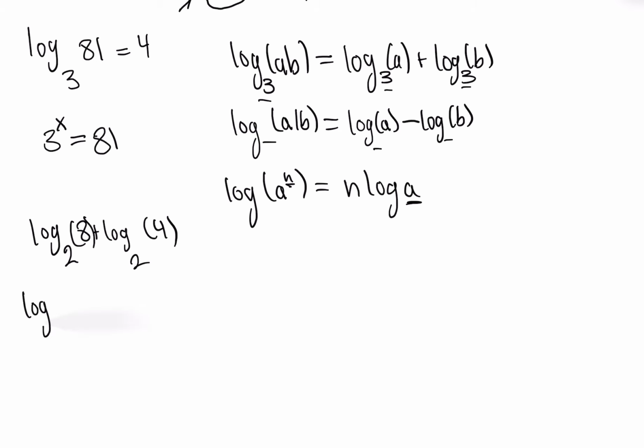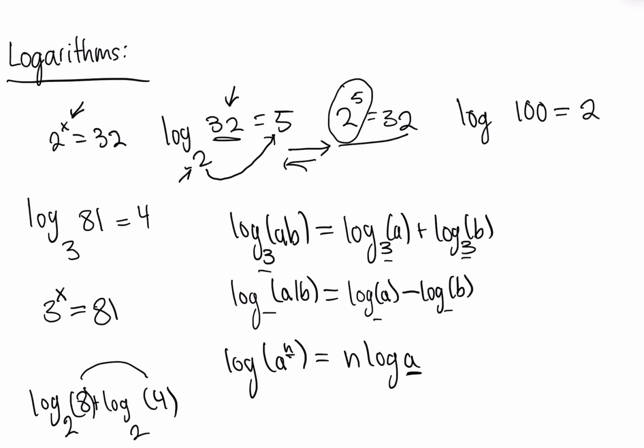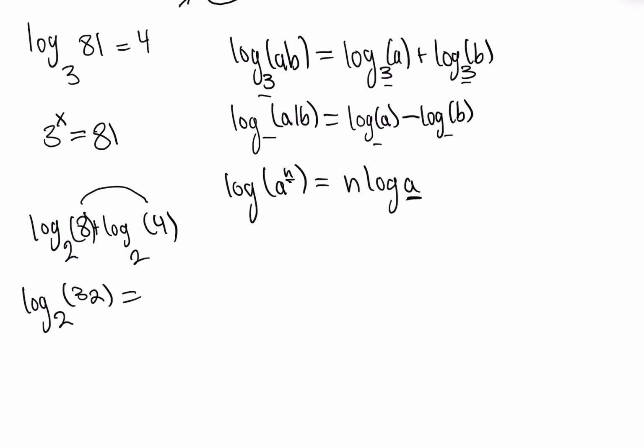So we have log base 2 of 8 times 4, which should be 32. Oh wait, where have I seen this before? That's right here. This is our very first question. Log base 2 of 32 would be equal to 5, because 2 to the 5th power is equal to 32.